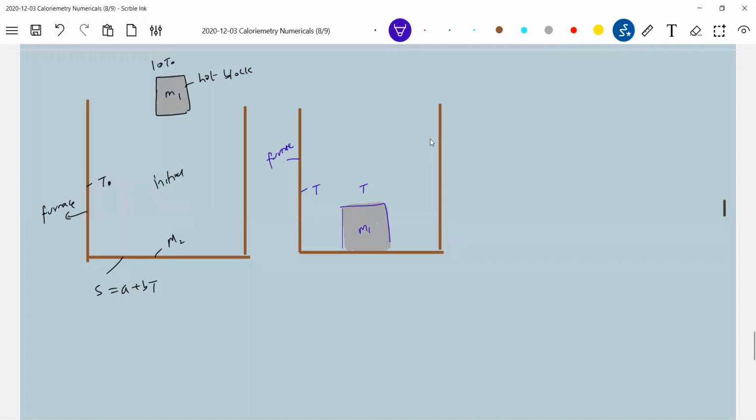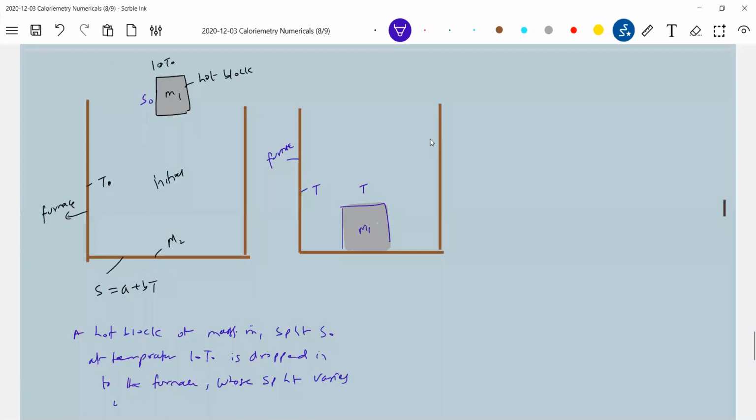So the question is like this. A block of mass M and specific heat S naught at temperature 10 T naught is dropped into a furnace whose specific heat varies with temperature as S is equal to A plus BT.